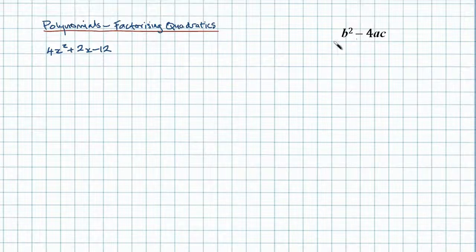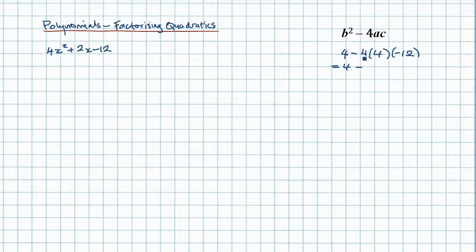Okay, so how do we use it to find out whether this is factorable? Well, the first thing we need to do is plug in our numbers. So we've got 2 for b, so b squared is going to be, well, 2 times 2, 4. And now we've got 4 times a, which is 4, times c, which is minus 12.